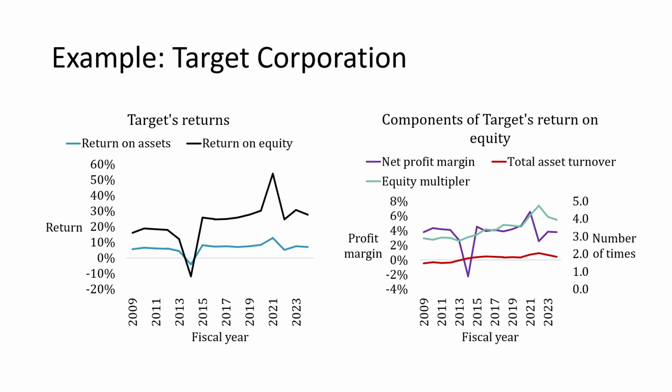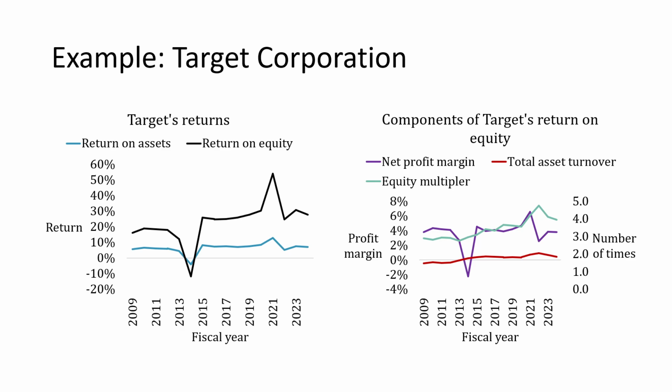And you can see the effect of financial leverage going on here, because what financial leverage does is when profitability is good, it exaggerates it on the positive side. And when profitability is less, it exaggerates it on the negative side. And that's what you can see happening in both 2014 and 2021.